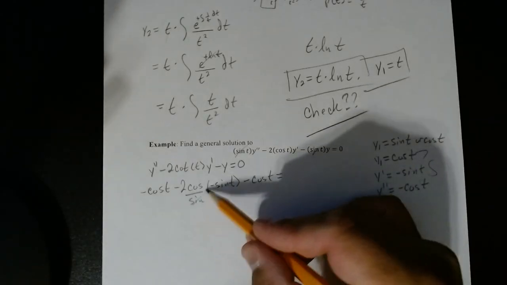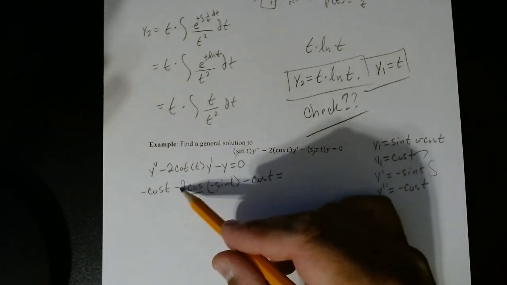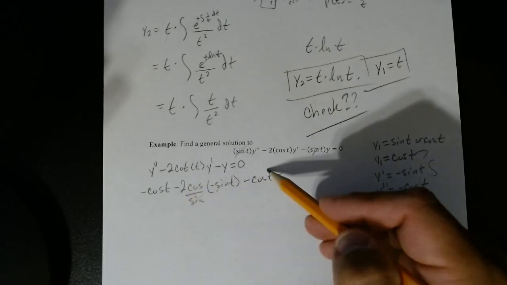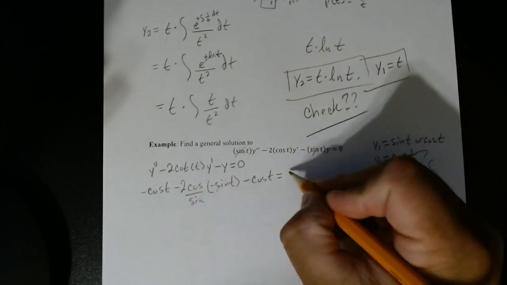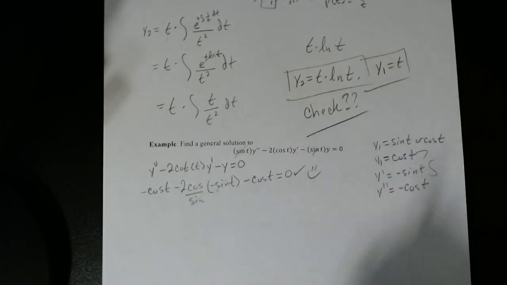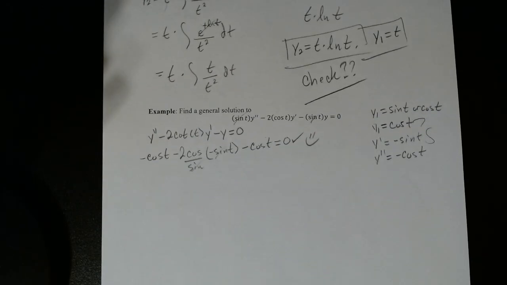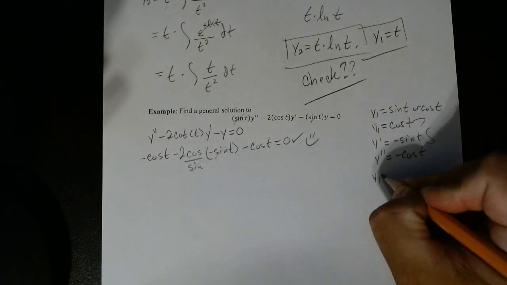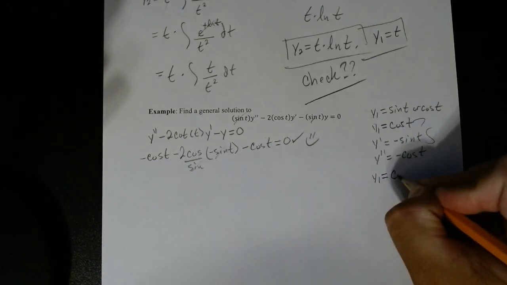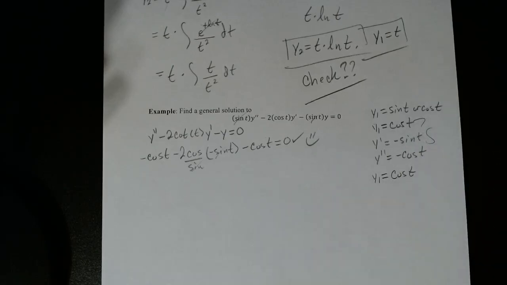So those cancel. Negative, negative, positive. So I get negative 2 cosine plus 2 cosine, which does actually give you 0. Yay! We checked. We actually guessed right. So therefore, one particular solution is just cosine t. If you guess wrong and you use sine, that's okay. Then you just know the other one is actually correct, which is kind of nice.